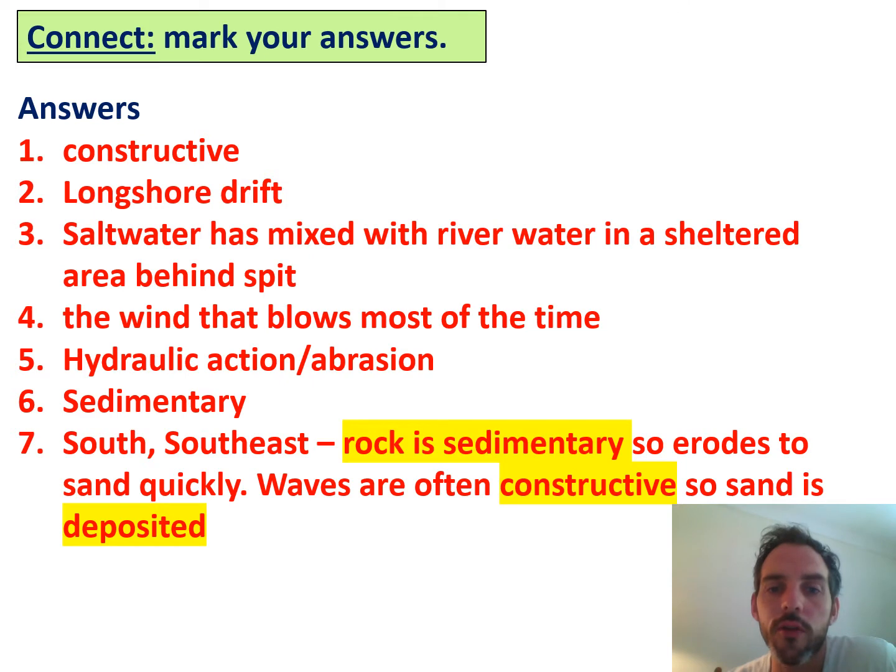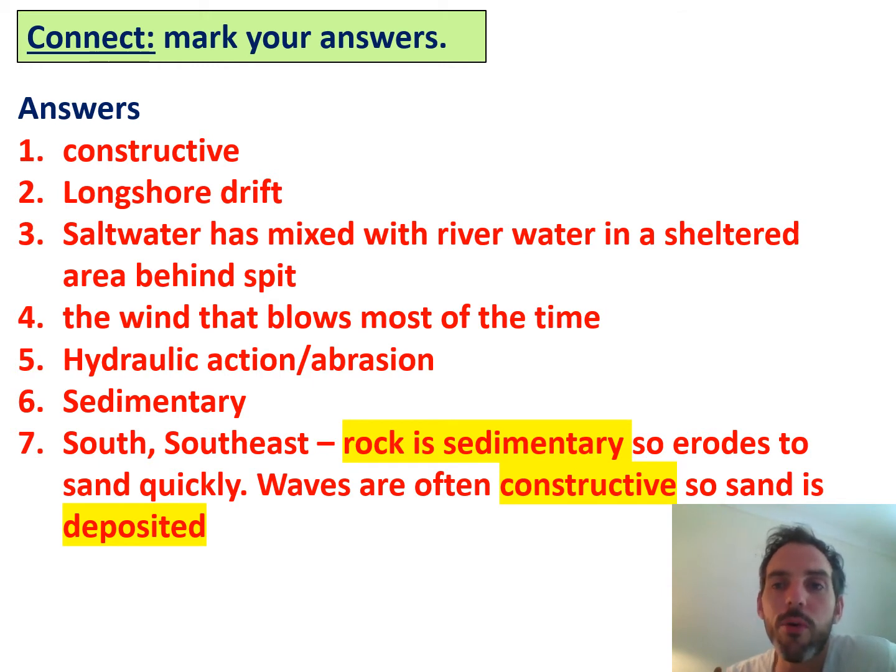Please mark your answers. For question 7, the south and the southeast is where you find the best beaches. The reason for that is the rock is sedimentary, so it erodes and weathers very quickly, turning into sand. And waves are often constructive as opposed to destructive, because the fetch is much shorter.